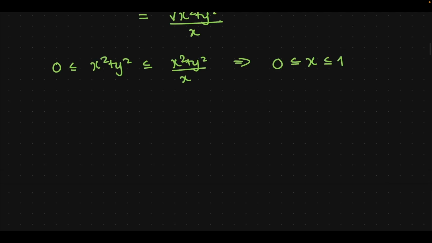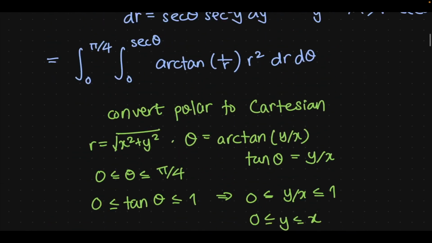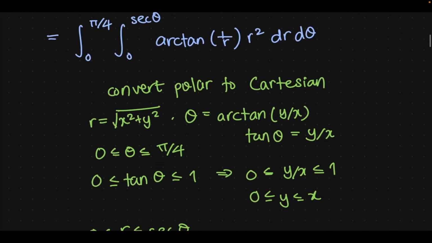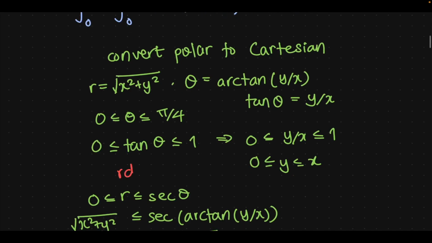And please bear with me because it may not be evident why this conversion to Cartesian is justified. So we have the integral 0 to 1, integral 0 to x, and we have r squared. Now when we change from polar to Cartesian, remember the Jacobian factor, r dr d theta goes to dx dy.